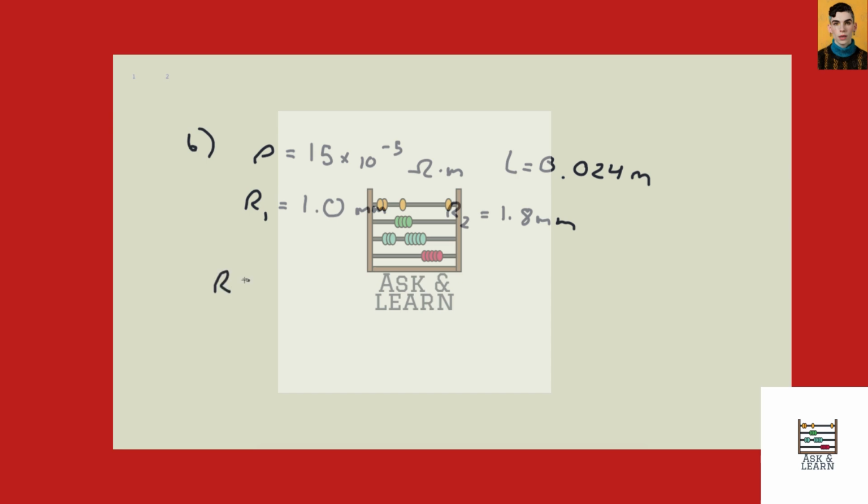Plugging that in, we should find that R is equal to rho over 2 pi L times ln R2 over R1, and plugging all these numbers in, that gives us a resistance of 5.8 times 10 to the minus 4 ohms, or in more conventional units, 580 microohms.